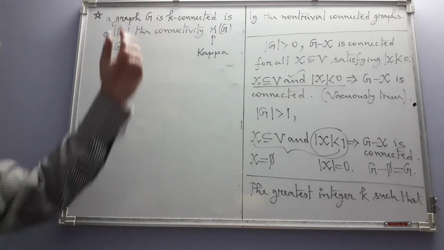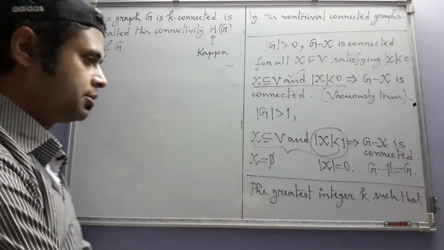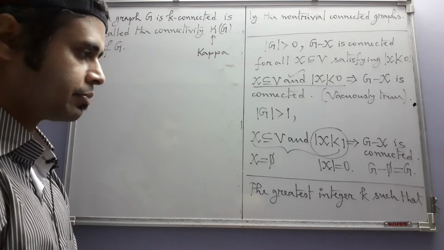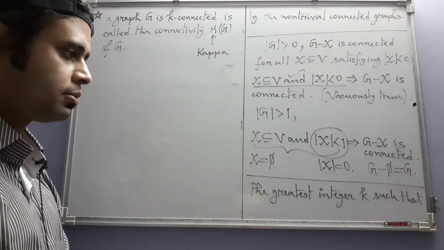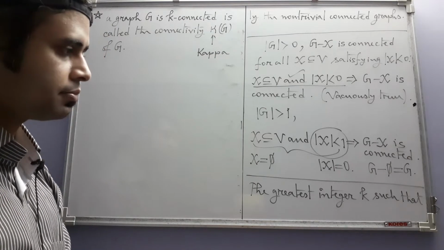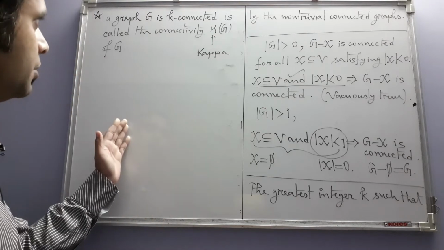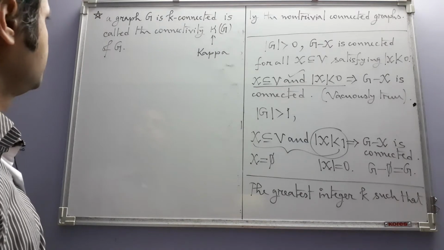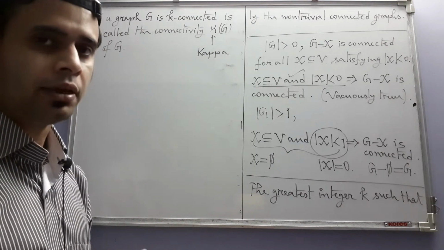Okay, so we are saying that if a graph is k connected for some non-negative integer k and not k plus 1 connected, then we say that the connectivity of the graph, kappa of G, is k.